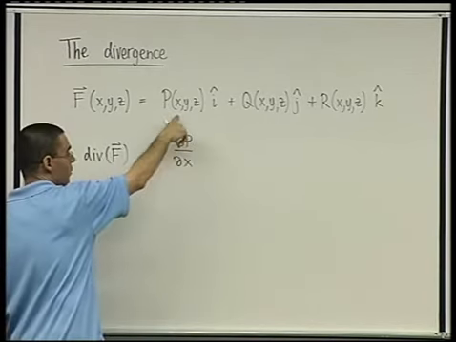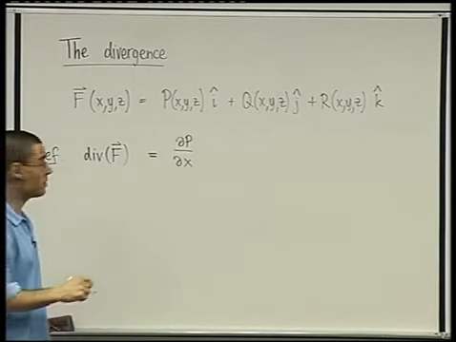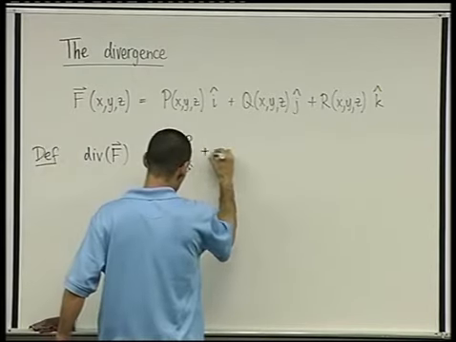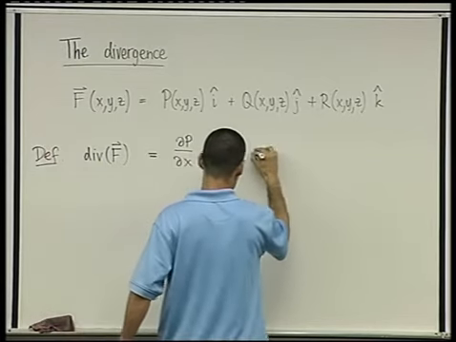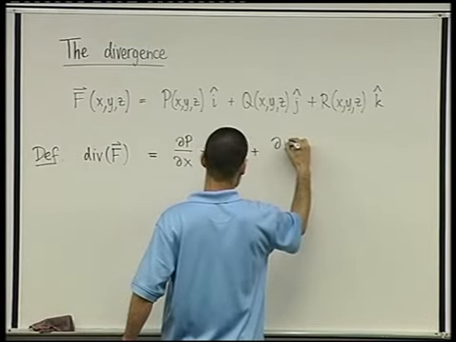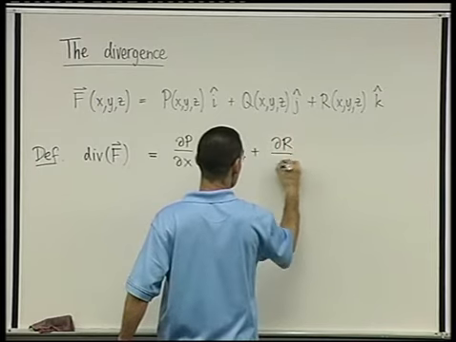P is a function of three variables, I take its partial with respect to x, plus the derivative of q with respect to y, plus the derivative of r with respect to z.